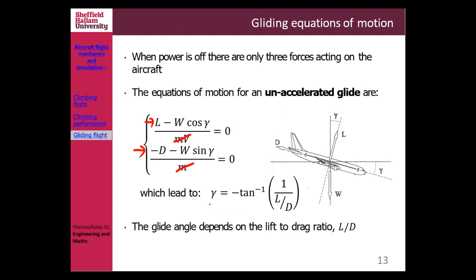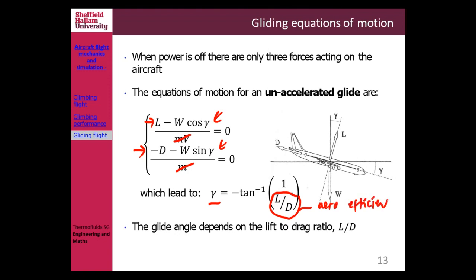Now you have simply that lift is only... sine gamma. You divide the second equation by the first, and it becomes sine gamma over cos gamma, which is tangent gamma. Tangent gamma becomes 1 over L divided by D. Again, this is your aerodynamic efficiency, right?